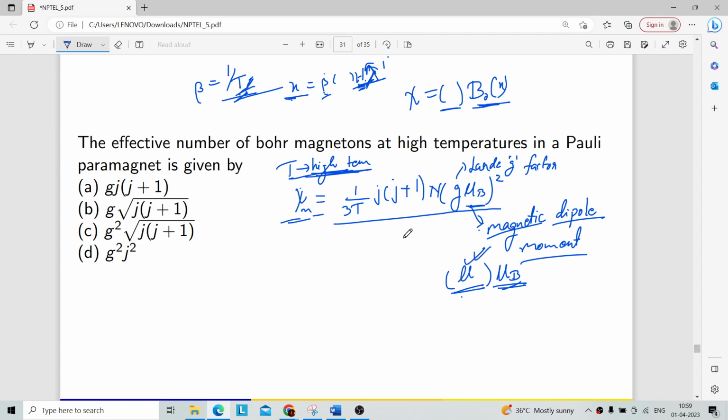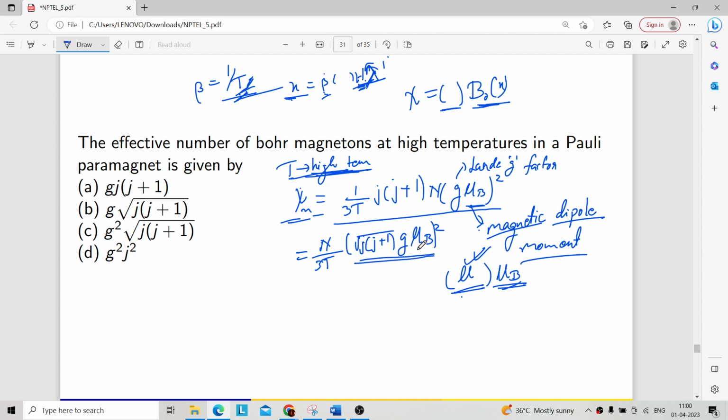Magnetic dipole moment mu. We can leave the number of particles and temperature as it is. Then the rest of the term I can pull inside this square term. Then what will I have? I will have J into J plus 1 into G mu B, whole square.